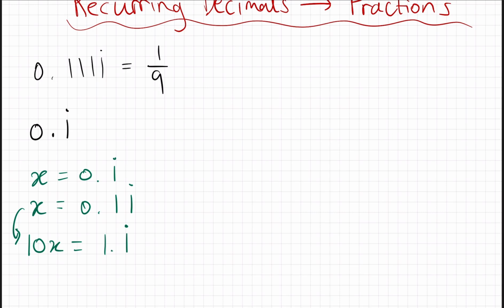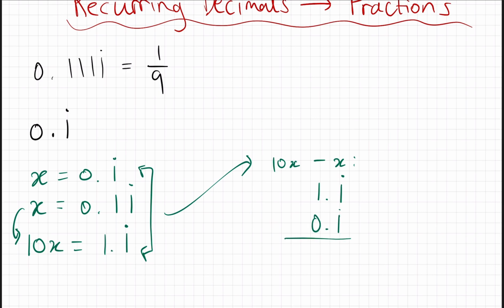And then if we take this and this, you'll see that if we subtract 10x minus x, we get this sum. Lining it up in column subtraction, we get 1.1 recurring minus 0.1 recurring. Subtract them both, and you see that these two cancel out, so we get 0 in the decimals, and then we get 1.